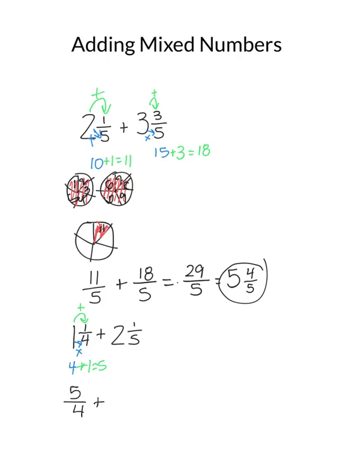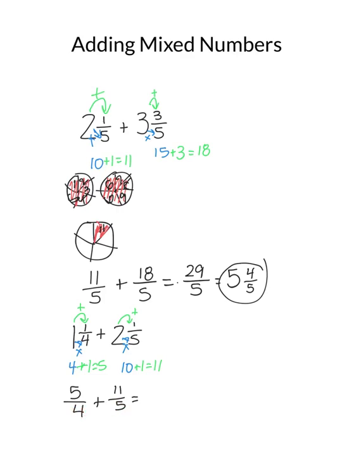I'll do the same on my other fraction. 2 times 5 is 10. Then I'm going to add the 1 and get 11. So 2 and 1/5 is equal to 11/5. So now, unfortunately, I can't just straightforward add my numerators because I still don't have common denominators.